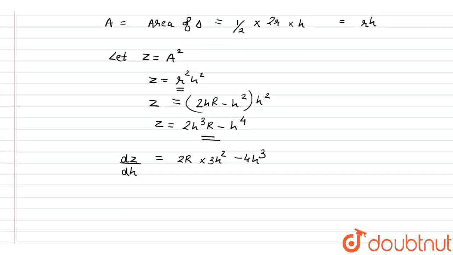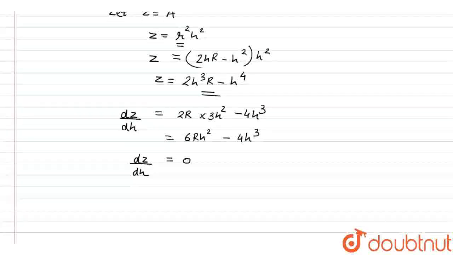After differentiating, we'll further simplify it, we'll get 6Rh square minus 4h cube. This is the value of dz by dh. Now we'll put dz by dh equal to 0. That is, we have equated the differentiation of z equal to 0.